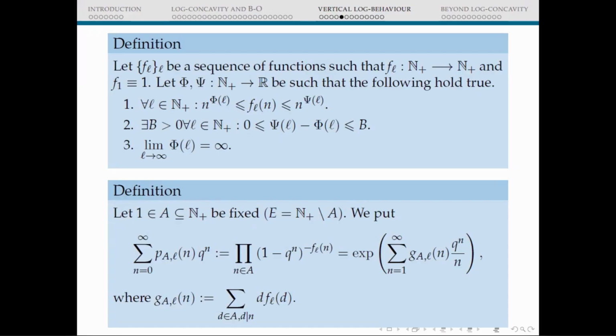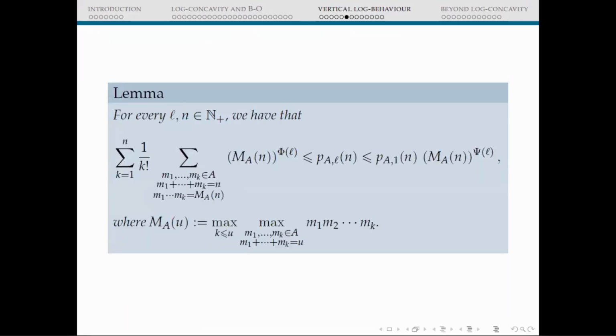And it turns out that these properties mainly depend on the following number, capital M_A of n, which is the maximum. So in fact, we consider all A-partitions of n. For each partition, we take the product of its parts and check for which partition we have the largest product. This is the description of this capital M_A.